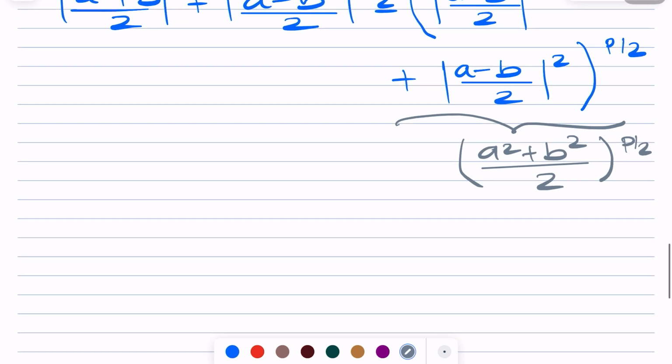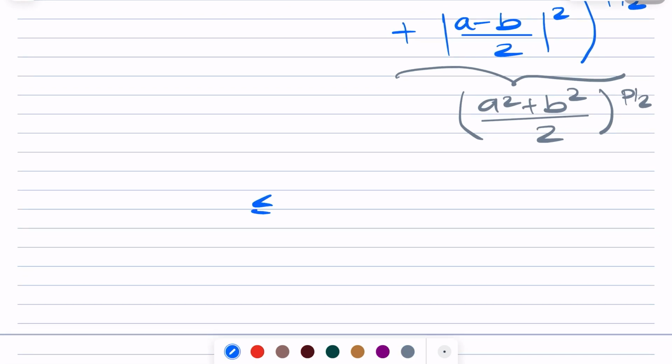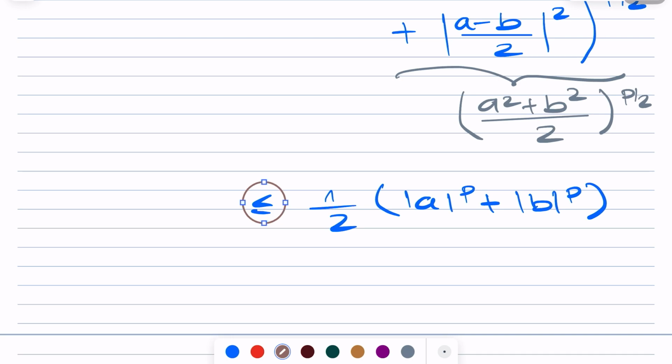So this is less or equal than, if you apply the convexity of the function which at x associates absolute value of x to the power p over 2, then you get that this is less or equal than this plus, as I said, this follows from convexity of the map which at x associates absolute value of x to the power p over 2.